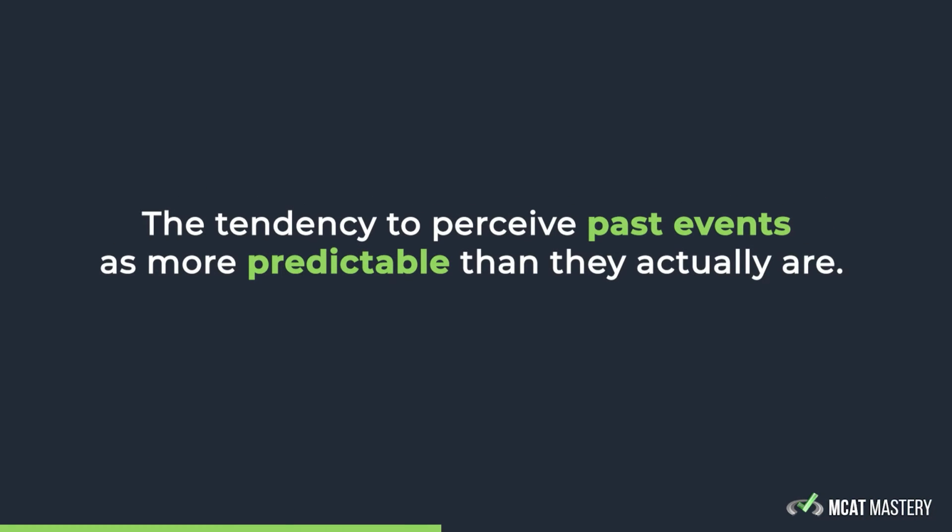Next, we are going to be talking about hindsight bias, and this is actually a pretty common term for people to use. But hindsight bias is essentially the feeling of, oh, I knew that was going to happen, even though you didn't know it was going to happen. And there's a saying, hindsight is 20/20, and that's very true.